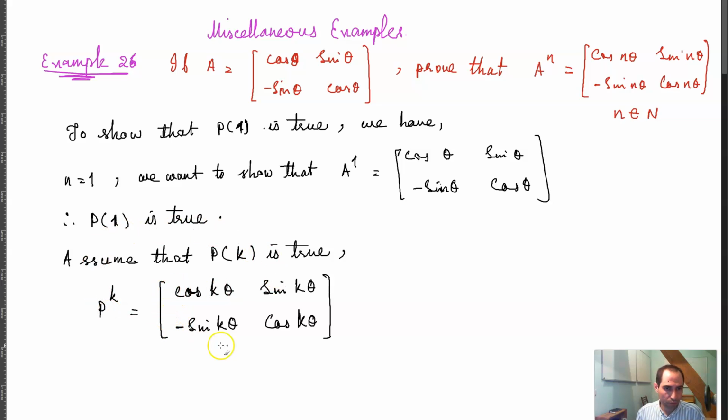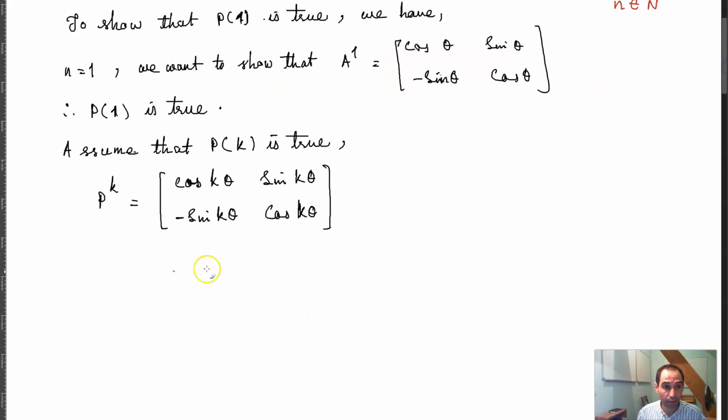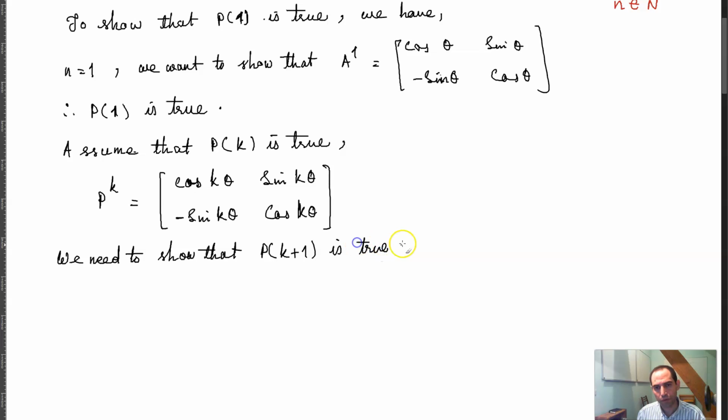I'm going to assume that this is true, and then using this assumption we need to show that P of k plus 1 is true, right?